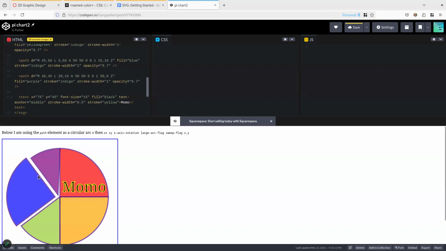So the line to 20, 10 should be this point here. So I want to shift it back 2 and back 2 for X and Y. So it looks like I want, instead of 20, 18, instead of 10, 8. All right, it's looking not bad.